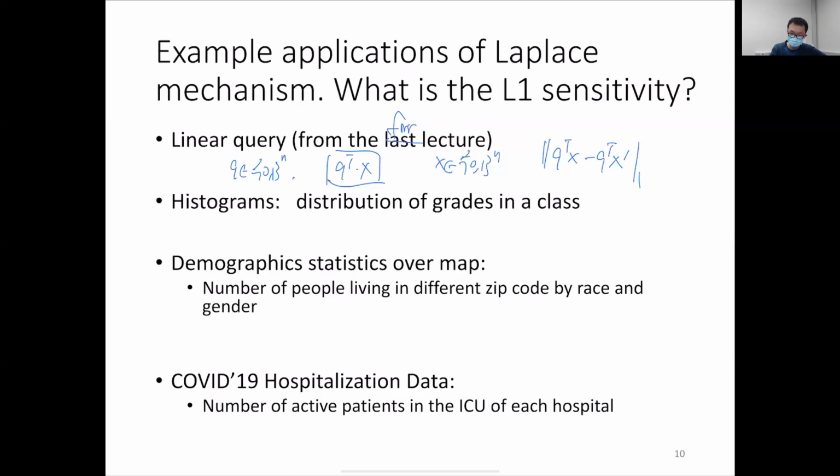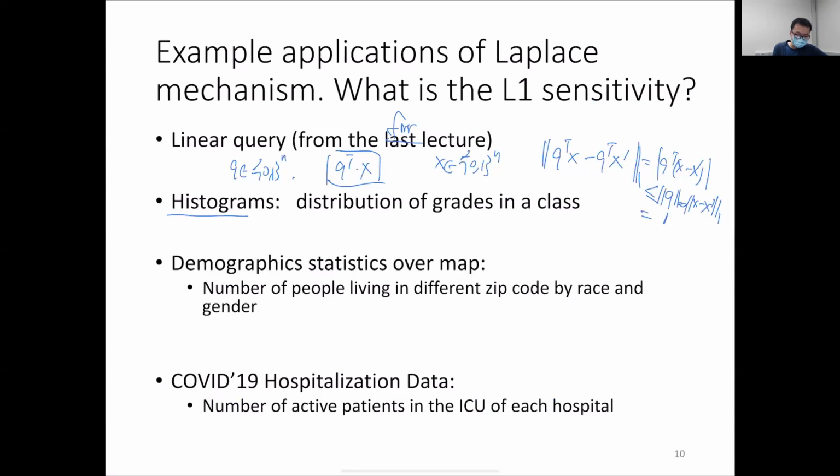So trivially, this is equal to the absolute value, which is smaller than the infinity norm of Q times the one norm of x minus x prime, and since x and x prime are neighboring, this is equal to 1. So we calculate that the L1 sensitivity for a linear query is 1.